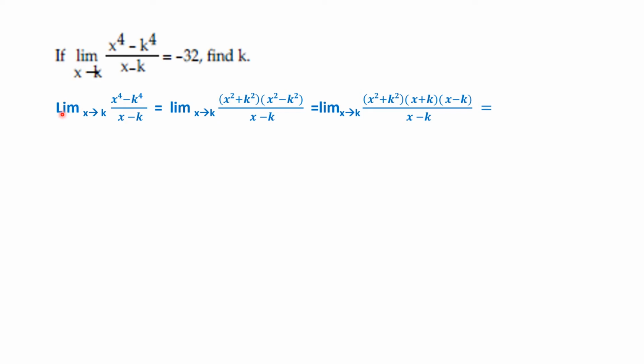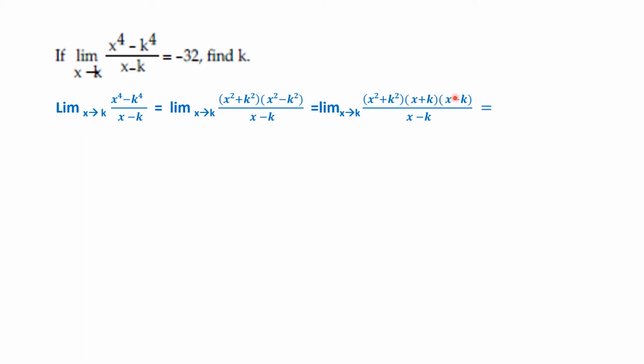The limit as x goes to k of (x to the power 4 minus k to the power 4) divided by (x minus k) equals the limit as x approaches k of (x squared plus k squared) multiplied by (x squared minus k squared). We could also factor this one, and this will give us the limit as x approaches k of (x squared plus k squared) multiplied by (x plus k) multiplied by (x minus k). These are the two factors of the second.